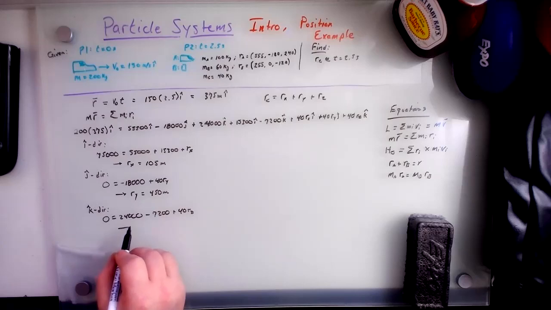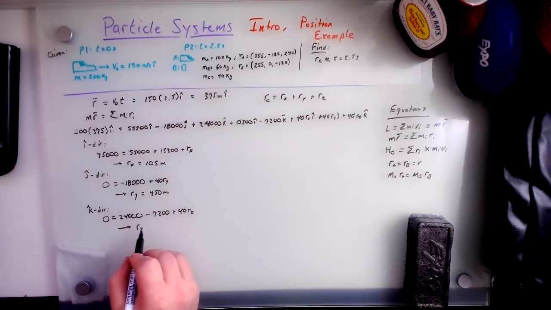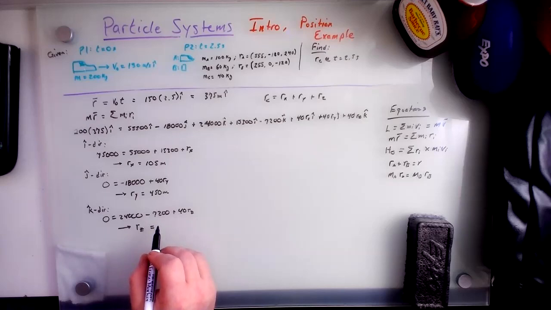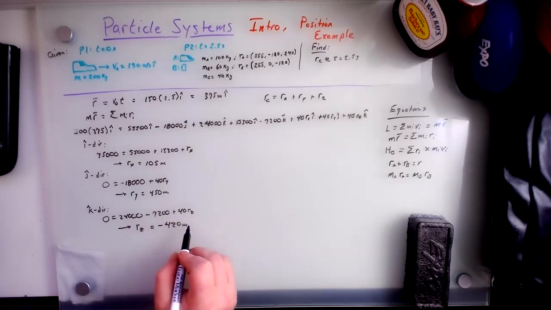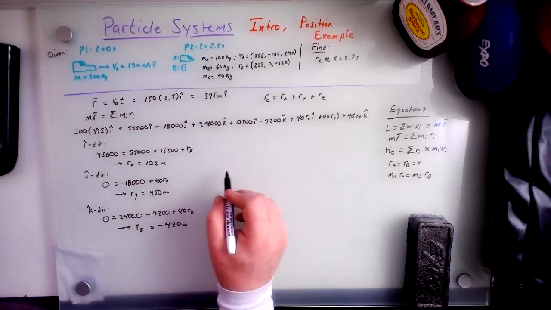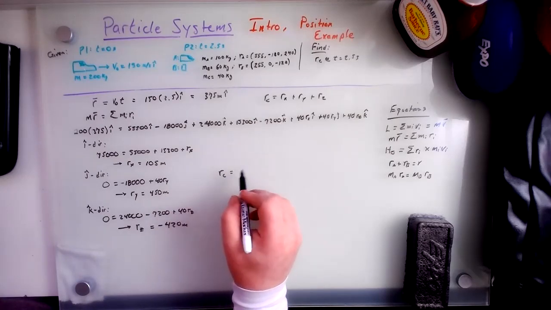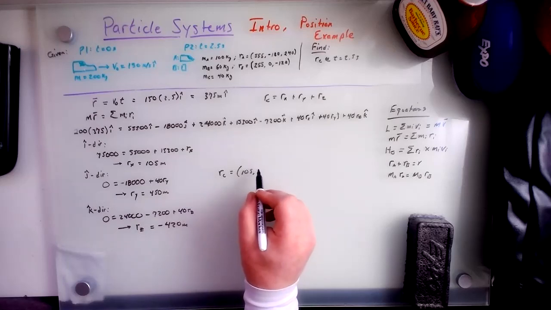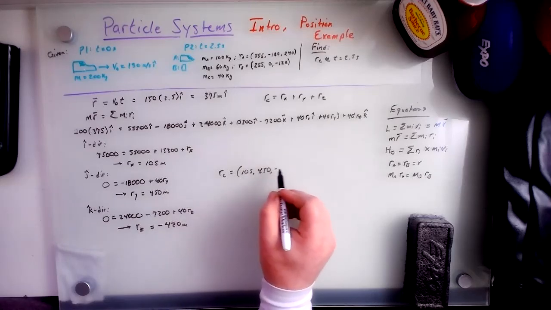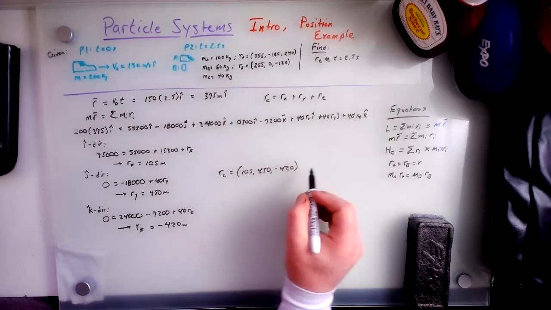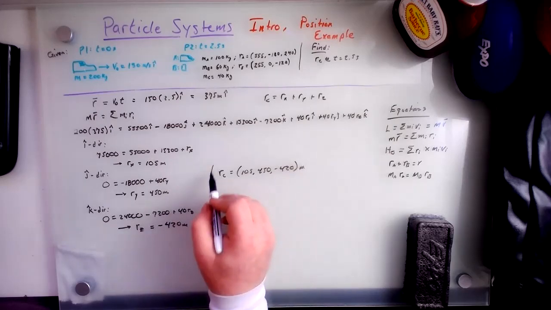When we solve that, we get R_z is equal to minus 420 meters. So the net is R_C, which is what we're after. It is equal to 105, 450, minus 420, in meters.